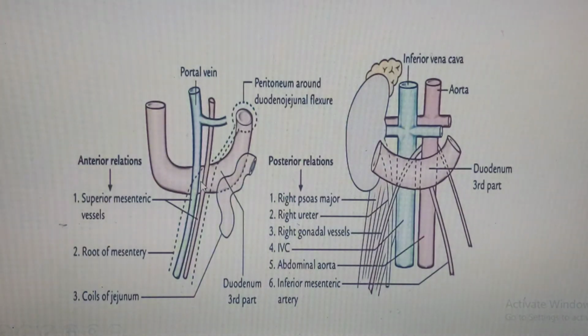And not only that, some coils of the jejunum will run anterior to this horizontal part of the duodenum. And then even the root of the mesentery proper, so you have to know that.